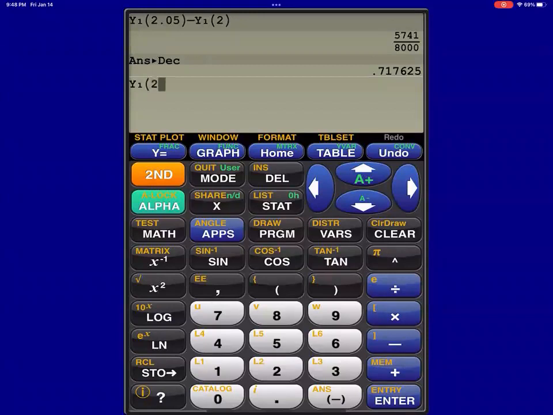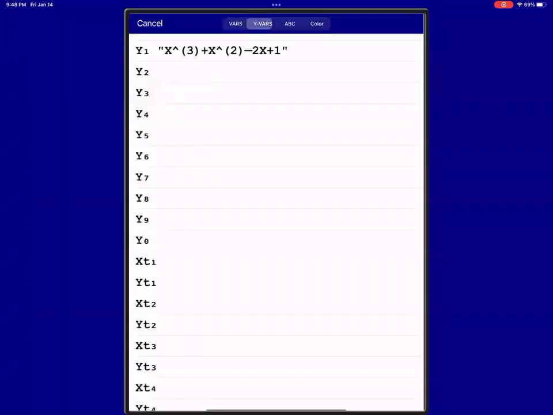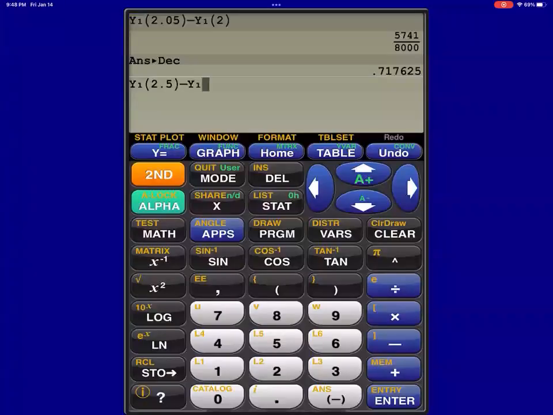Then I input 2.5, then minus VAR, YVAR, and brought in that function Y1, then input 2 and hit enter. So Y1 of 2.5 minus Y1 of 2, I should get 0.717625. So that's what I should be getting.